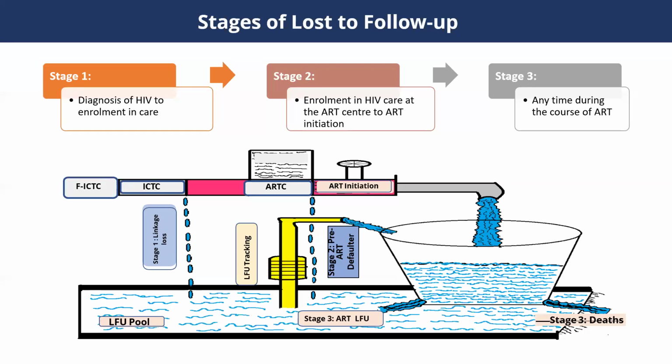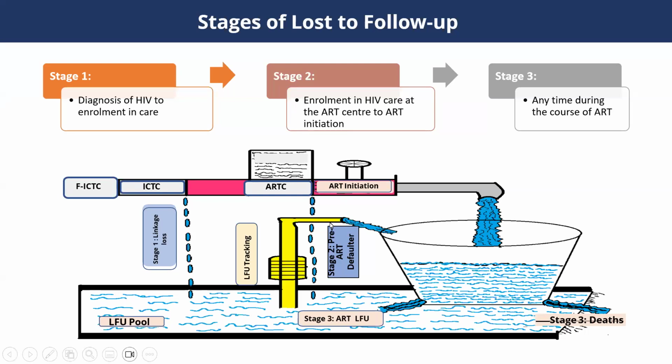The second important step is, once we engage a patient into care and register them, there is a loss after that. That is ART defaulter or ART loss to follow-up. Then after the initial initiation period, at any time afterwards the patient may also miss treatment, or become an LFU over the course of treatment.